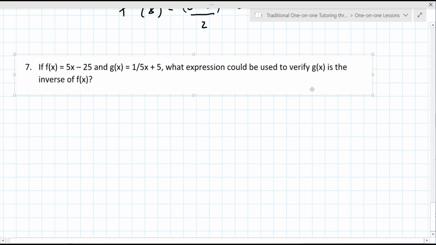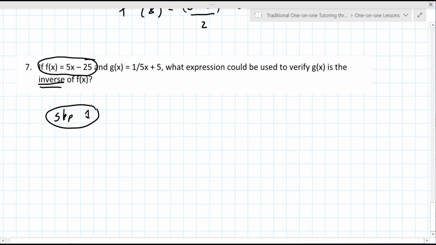All right. Let's look at this first one right here and find its inverse. So step 1 is to put a y: y equals 5x minus 25. Step 2 is to switch x and y.